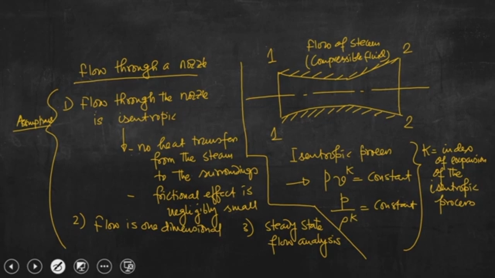For the isentropic process, we have mathematically modeled the flow using the equation P upon rho to the power k equal to constant, and k is the index of expansion of the isentropic process, where k equals Cp by Cv.